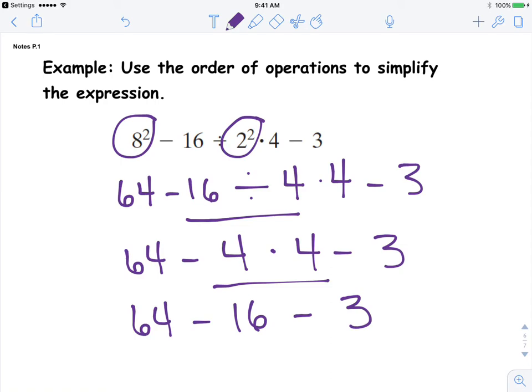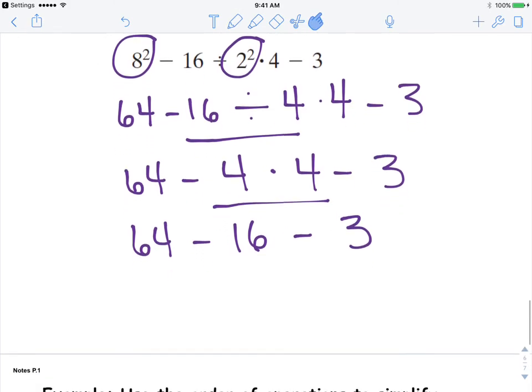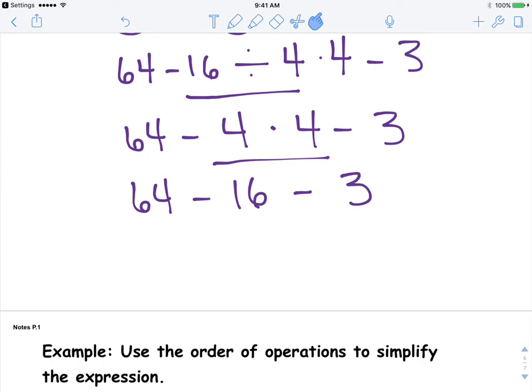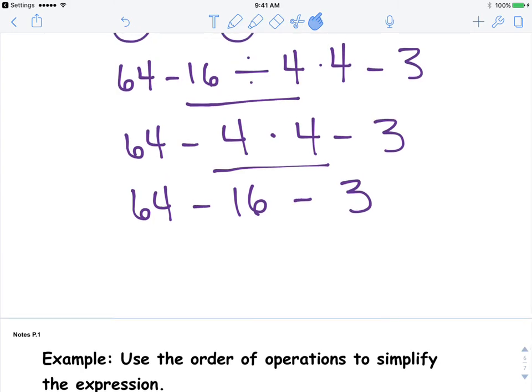And then we do our adding and subtracting left to right. So 64 minus 16 is 48. Minus 3. And then 48 minus 3 is 45.